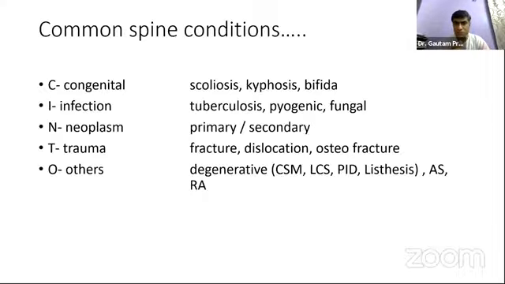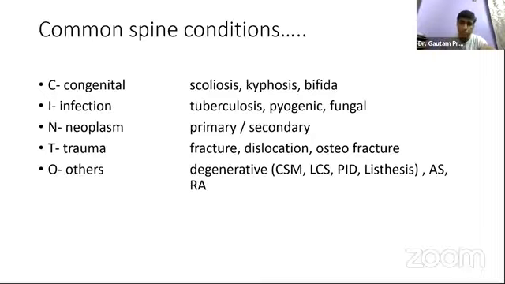Now, for the various conditions of the spine that we come across, in general, what I have learned during my orthopedics, this is a mnemonic which I used to remember: SIN2. You can have your own mnemonics, but in any pathology, wherever you come across and you have to write a paragraph in an exam, this is what you can follow. This is a basic classification. Congenital: scoliosis, kyphosis, or spina bifida.